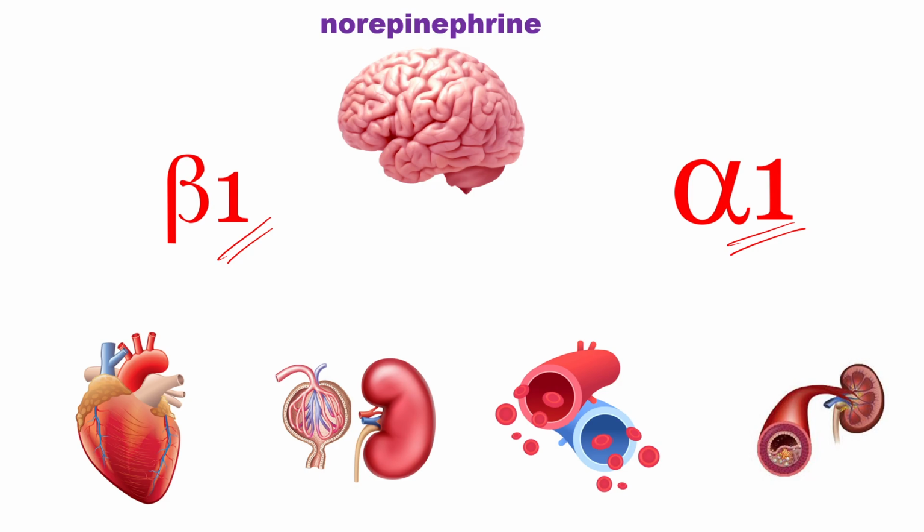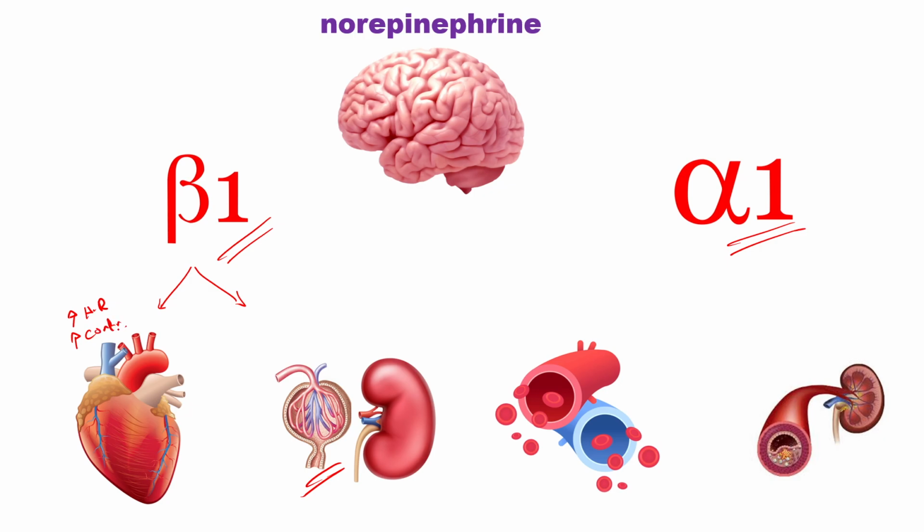The beta 1 receptor, when the norepinephrine acts on it, has two effects: one effect on the heart and the other effect on the glomerulus. On the heart, it will increase the heart rate and it will increase the contractility.